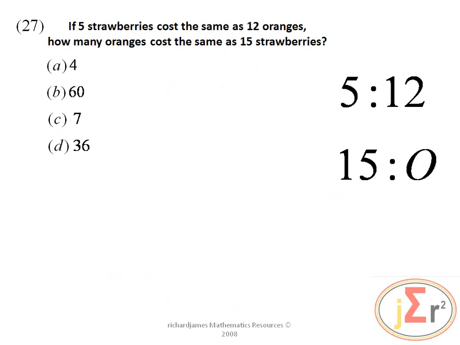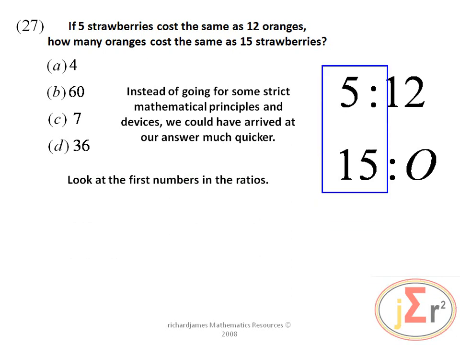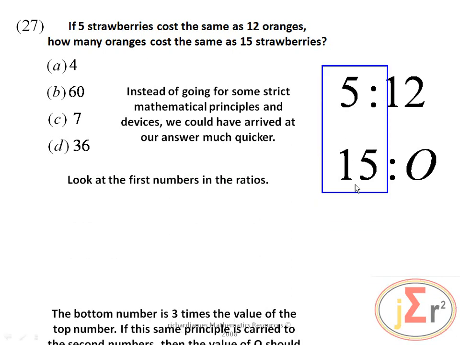Now we have the same problem and it is easy to solve. We may get the answer very quickly. Instead of going for strict mathematical principles and devices, we could have arrived at our answer much quicker. Look at the first numbers in the ratios. 5 goes to 15.